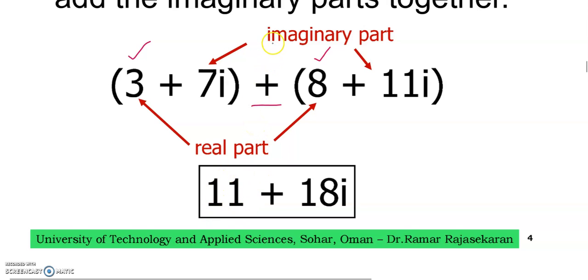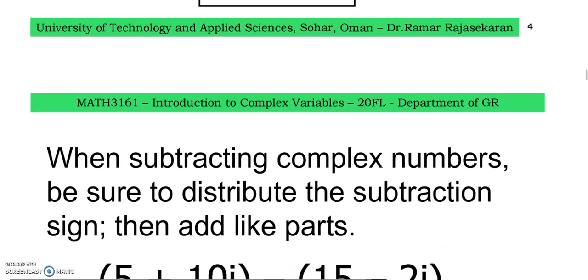Similarly, the imaginary part of the first complex number is 7 and the imaginary part of the second complex number is 11. So you add these two, 11 plus 7, that is 18, so you write 18i. So the sum of these two complex numbers is 11 plus 18i. This is the way to add complex numbers.